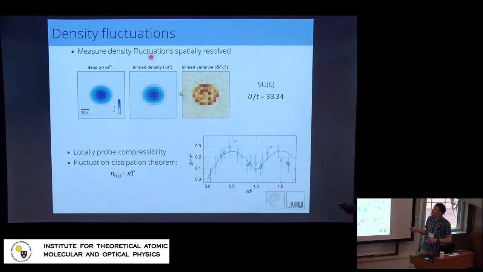So if we now bin the variance and combine this with the compressibility that we can also extract ideally without a model directly from the data, because we know the dependence of mu in the trap, and we can measure the density, so we can just differentiate the data to get the compressibility. Then we get a kind of model-free temperature. Here it's plotted the other way around.